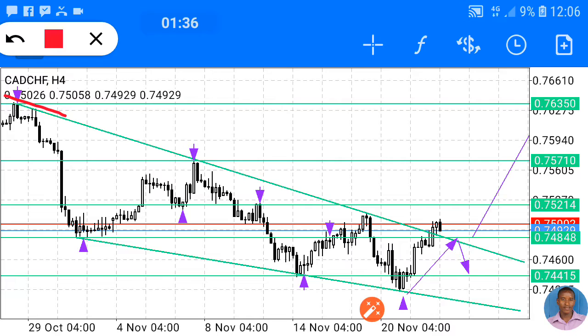It bounces from that area to this area, then back to this support line, and from support to resistance, from resistance to support, from support to resistance, then from resistance it goes back to support, and something happened on this area which I'm going to talk about in this tutorial.